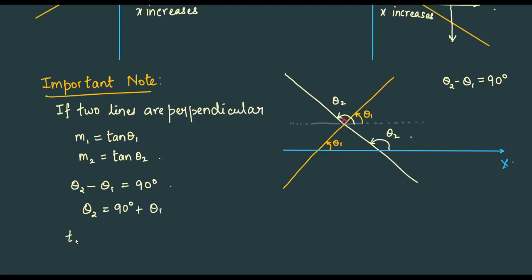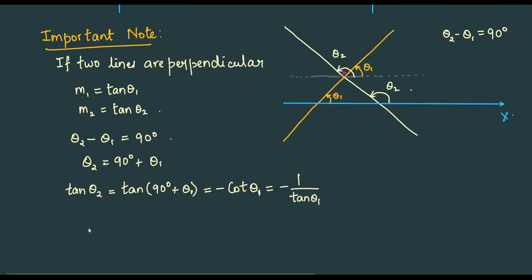And from trigonometry, you may know the basic trigonometry. If you don't, we will soon learn this. You must have learned this in high school. Tan of theta 2 is tan of 90 plus theta 1, which will be minus cot theta 1, which is minus 1 upon tan theta 1.